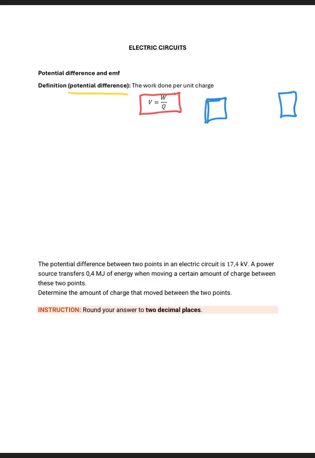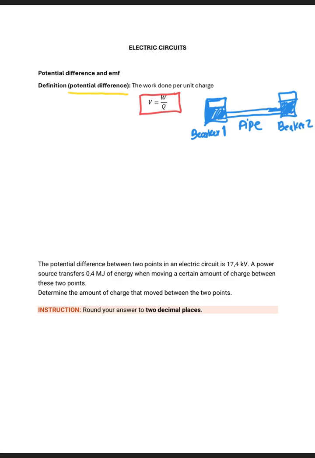These beakers are the same, and suppose we have the same amount of water inside these beakers. And then we put a pipe here. This is the pipe, and this is beaker 1, and this is beaker 2.